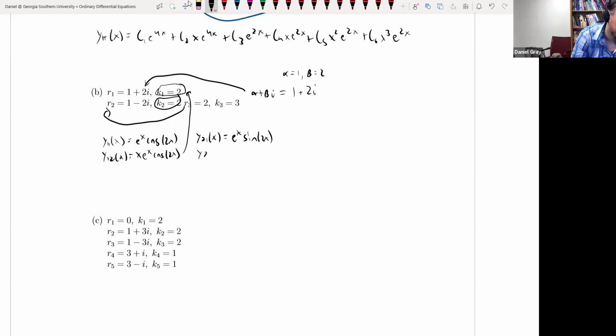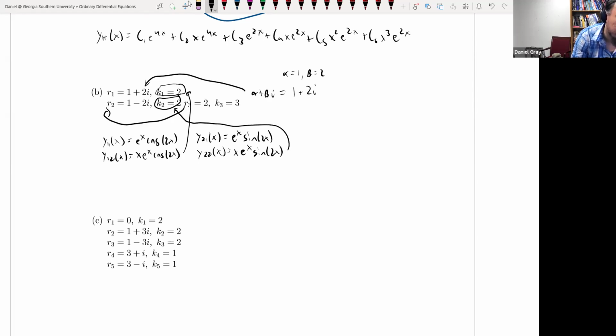And we're going to have x e to the x sine of 2x, because our multiplicity was 2 there.